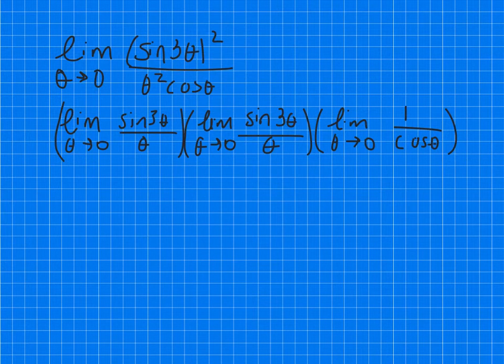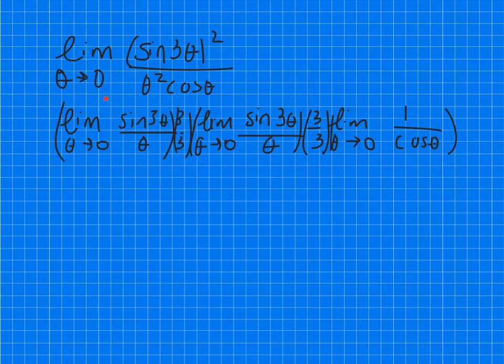Now we have to turn the thetas in the denominators into 3 thetas. Sorry about the handwriting. Basically you want to get the 3 theta on both of those quantities.